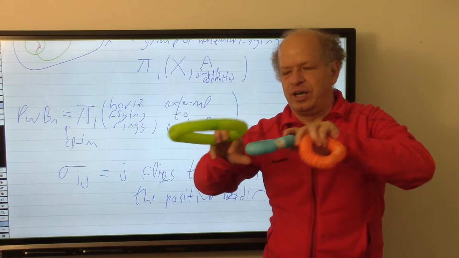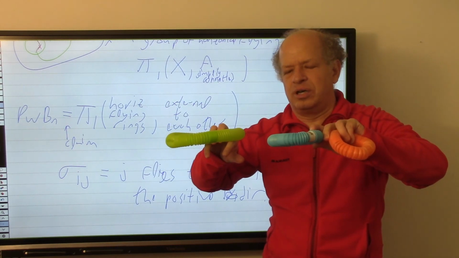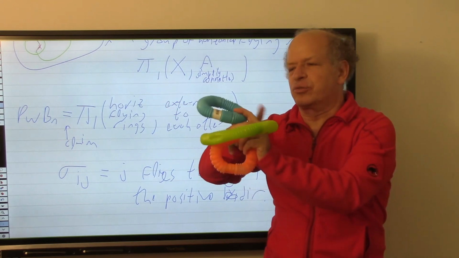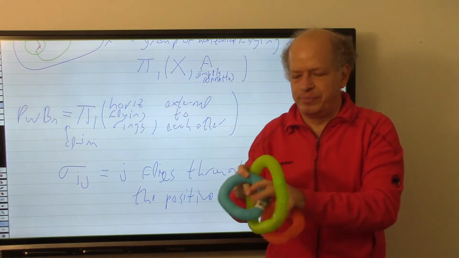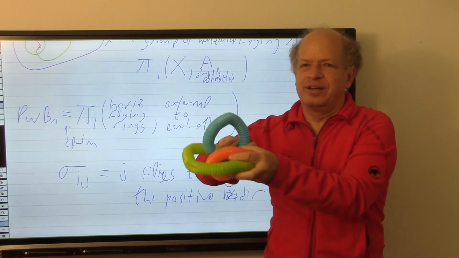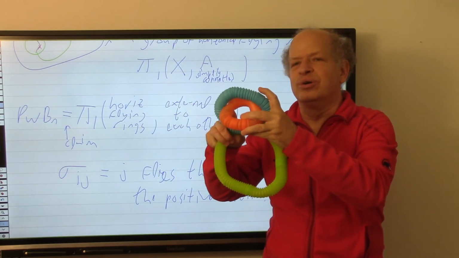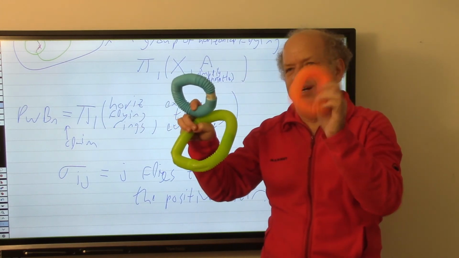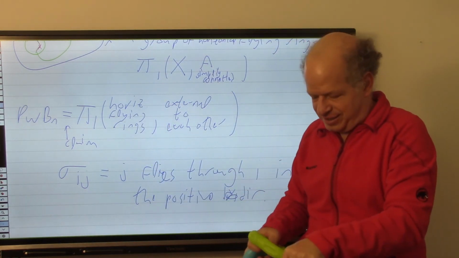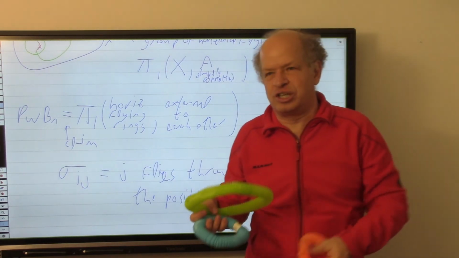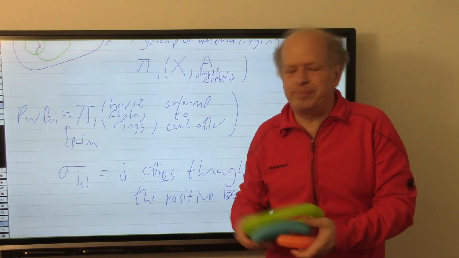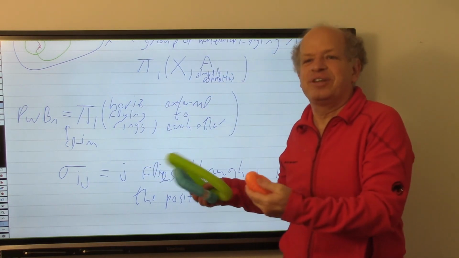A Reidemeister move will mean this flies through that, and then blue flies through green, then orange flies through green, then orange flies through blue. And that's the same as, so you can check that these two motions are homotopic, and the homotopy, you know what? It's something to check.